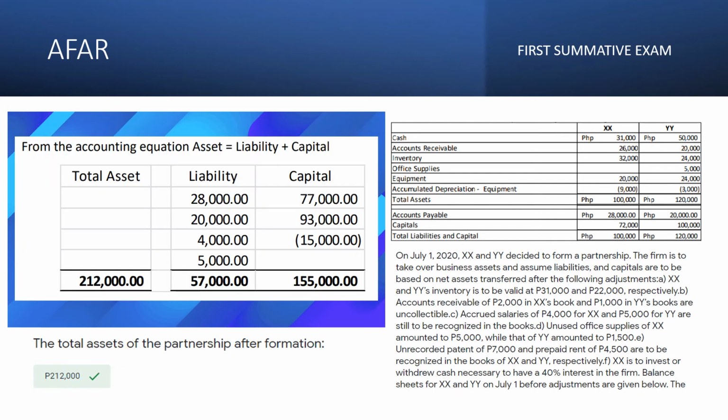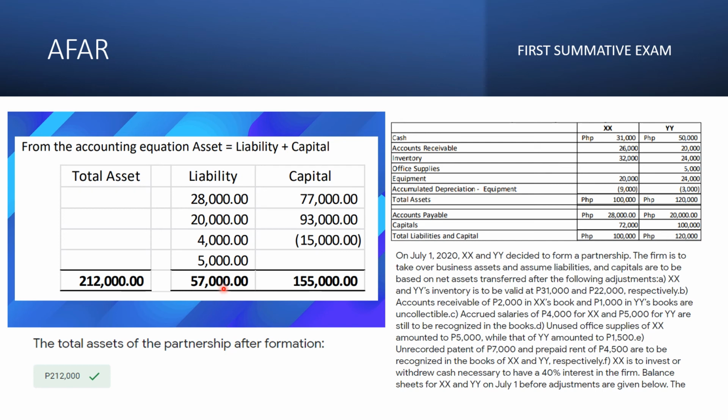Our next question: how much is the total assets of the partnership after formation? The correct answer is 212,000. From the accounting equation, assets equal liabilities plus capital. We have determined the capital already at 155,000. Our liabilities total 57,000, including the adjustments.